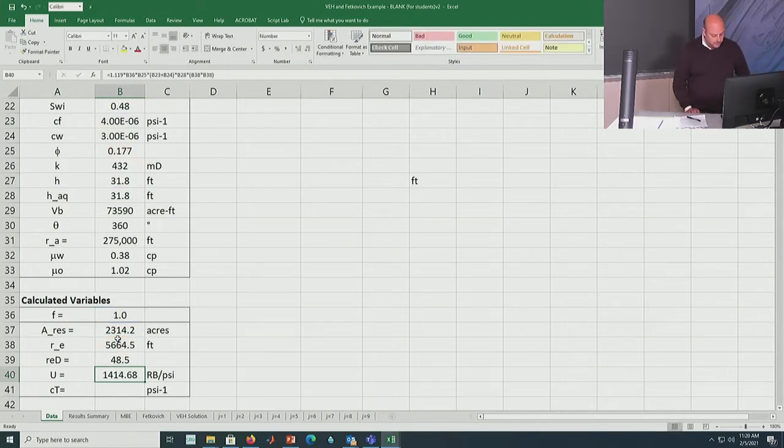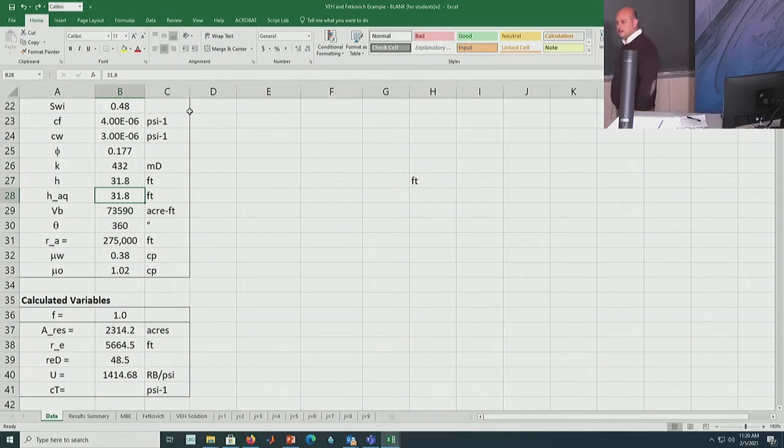Okay, so I got 1414.68. Is that what you all got? I think we did this two weeks ago and we got the same thing. So you should get 1414.68.